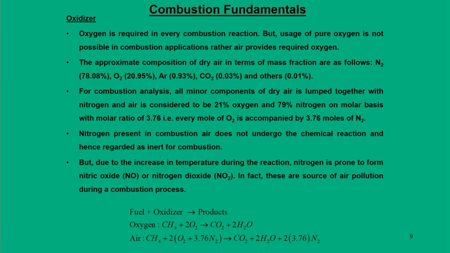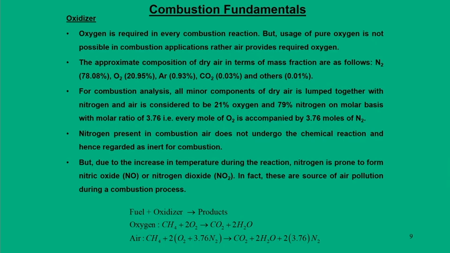But although it is present, during the chemical reactions the temperature rises, and when the temperature goes more than 1000 or 1500 degrees Kelvin, the nitrogen tries to break its chemical bonds, that means nitrogen gas tries to dissociate.